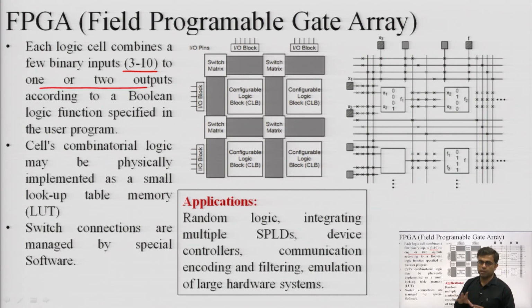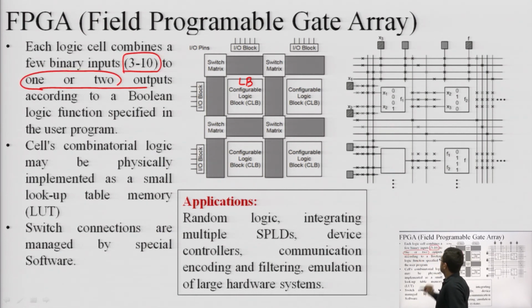The user can configure that logic block. It can have 3 to 10 inputs and 1 or 2 outputs, and that depends on the Boolean function you want to implement.